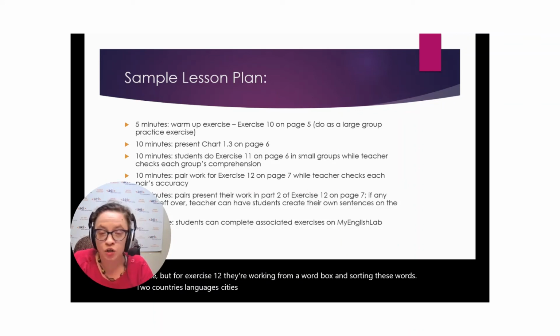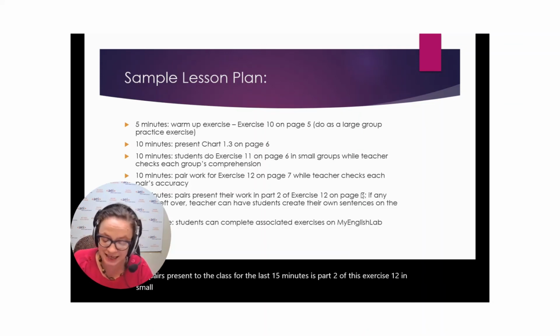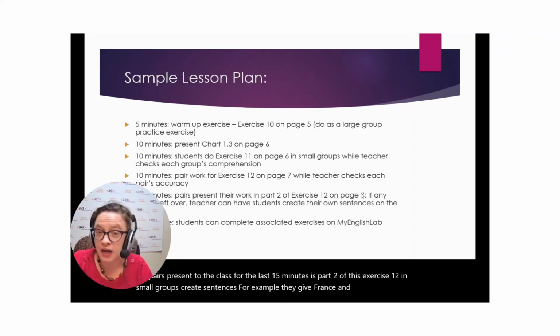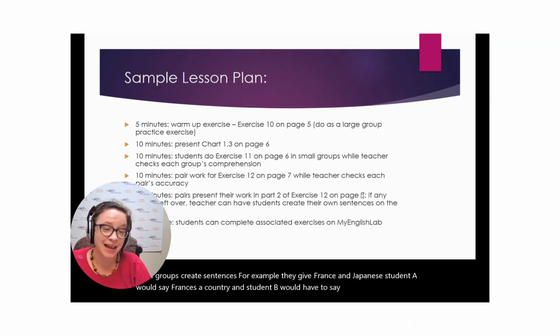But part 2, and this is the part that I would have the pairs present to the class for the last 15 minutes, is part 2 of this exercise 12. In small groups, create sentences. For example, they give France and Japanese. Student A would say France is a country, and student B would have to say Japanese is a language.